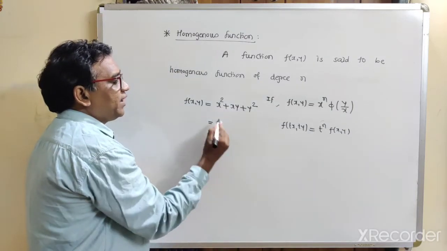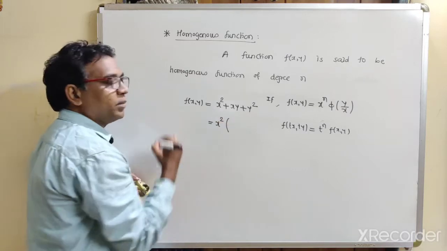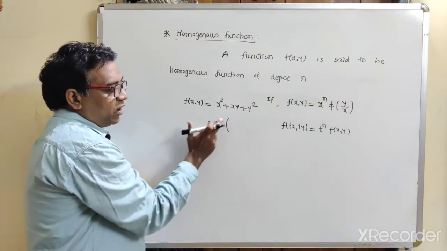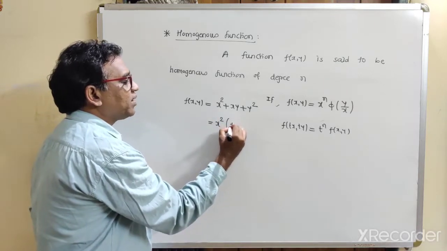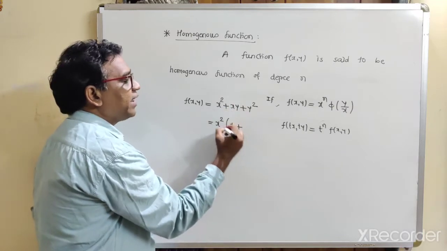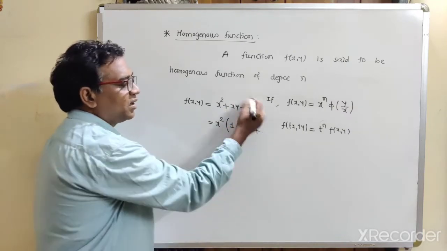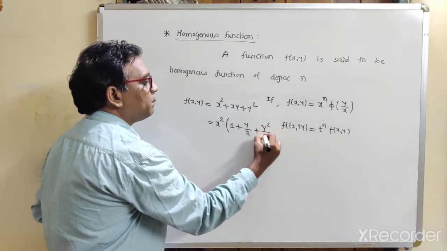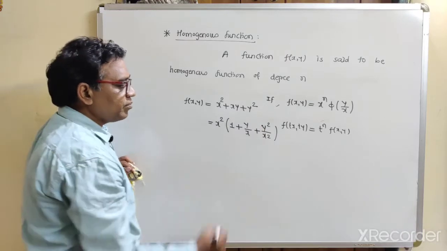Let us take x square as a common term. So x square upon x square is 1, divide the second term by x square, we get y by x, plus divide the third term by x square, we get y square upon x square.